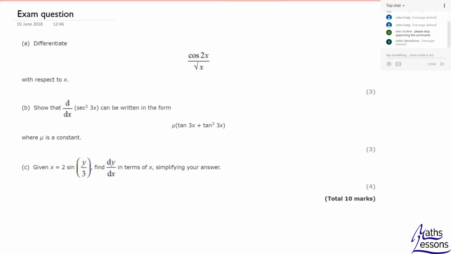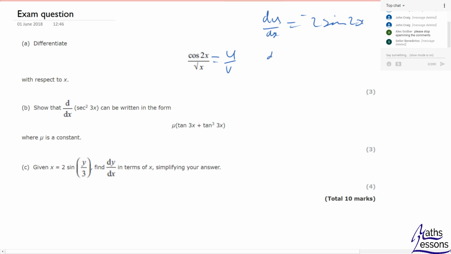So we've got this as a quotient, so we're going to let that equal u over v, because the formula you've all been taught is that way around, and we know that du by dx will equal minus 2 sine 2x, because cos goes to minus sine, and we know that dv by dx will equal, the derivative of x to the half is a half x to the minus half.